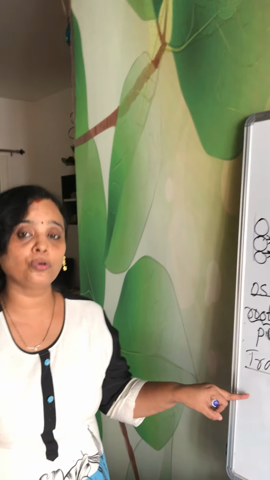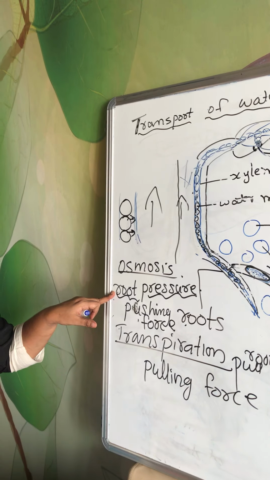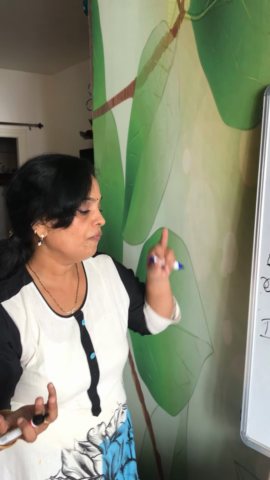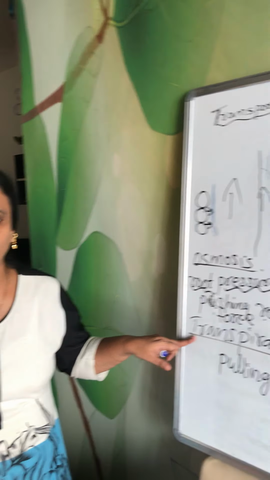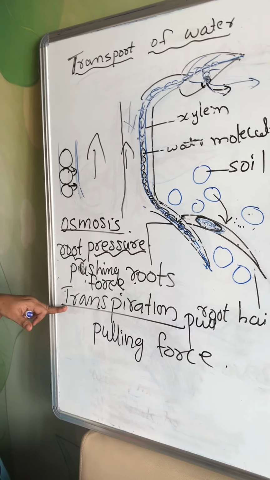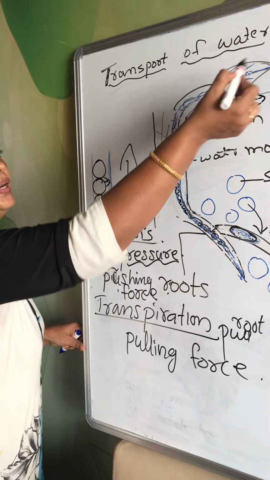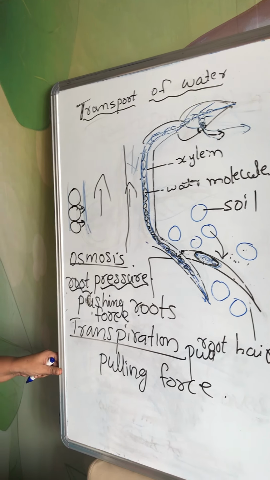But for tall plants this is not sufficient because the height is too high. So one more force comes to help in the movement of water, that is transpirational pull. These two forces act together and help in the movement of water through the xylem.